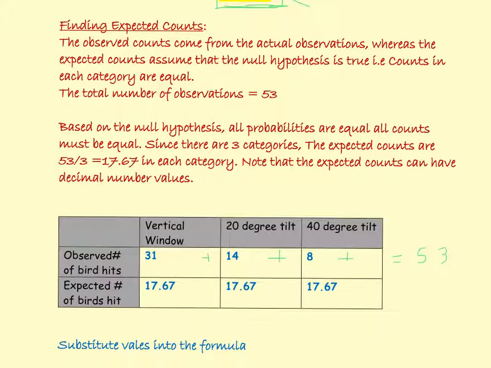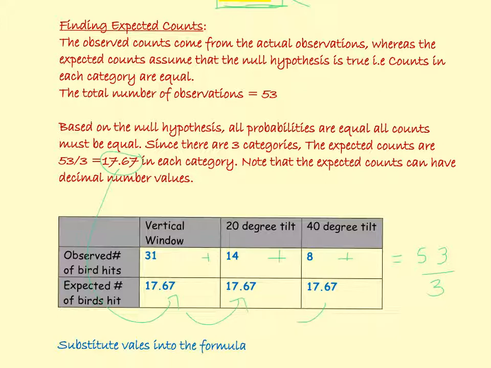And if we're assuming that the number of strikes should be equal, in this case we just divide 53 by 3, and that would be 17.67, and that's the number that falls into each bucket.